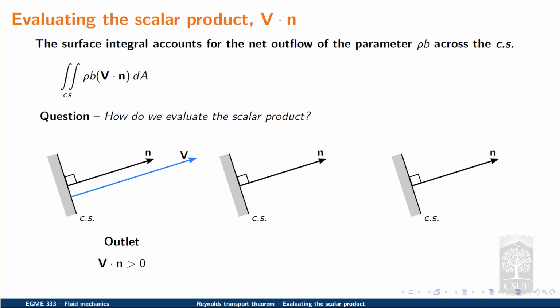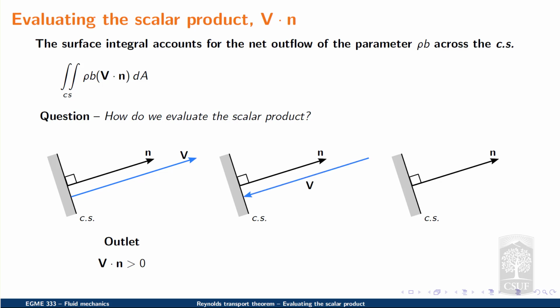Recall that the dot product between two vectors leads to a scalar quantity, so direction doesn't matter. But for this specific case, the quantity being positive indicates that it represents an outlet, meaning that fluxes of mass, momentum, and energy are exiting our control volume through the control surface.